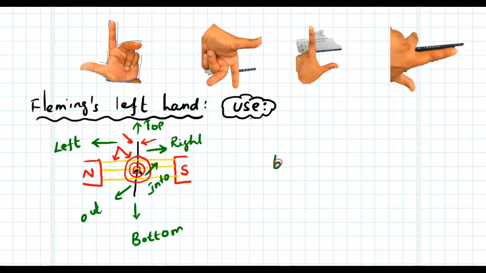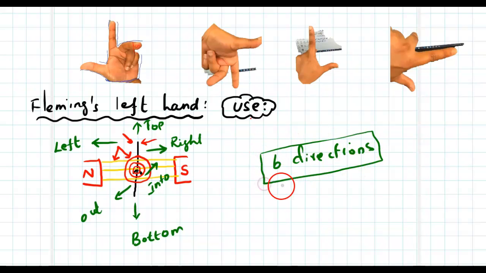So there are six directions in which the force can act onto the wire. These six directions can be found using Fleming's left hand rule.